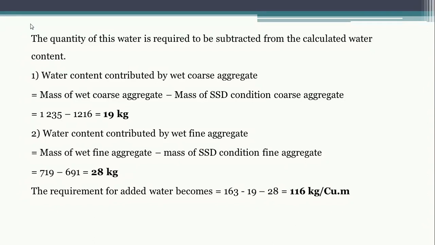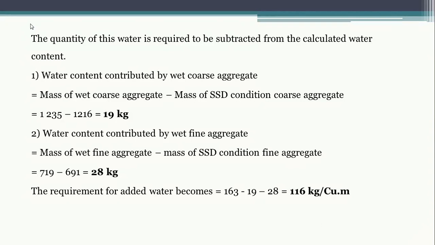So for the dry condition, we added the water content because, to make the concrete homogeneous and workable, since the aggregate is in a dry state, we are adding extra water to it. But in the wet condition, since it already has water in it, we have to deduct it from the total water content.